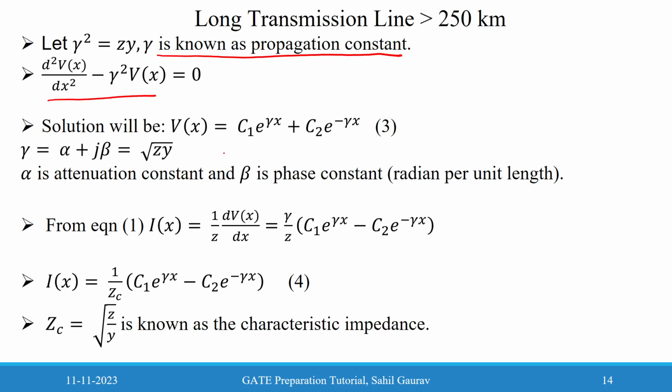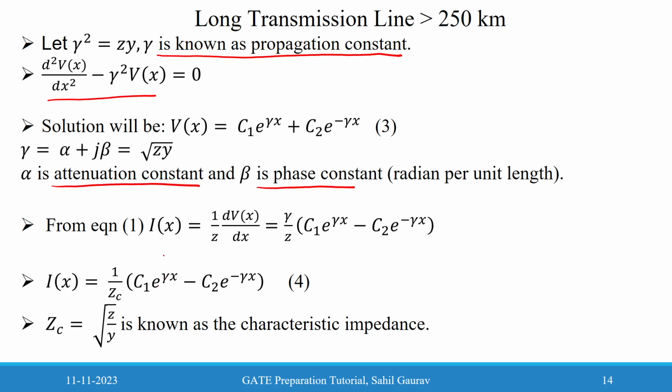So this is the solution for this equation. Now we can write that gamma is alpha plus j beta, that is the square root of zy, where alpha is the attenuation constant and beta is the phase constant, and beta is written in radians per unit length.